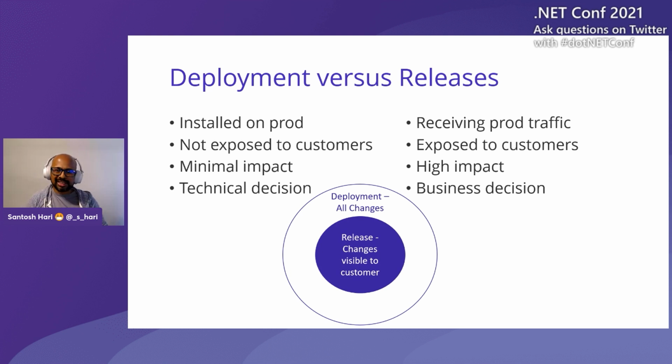As a result, it's high impact and high risk. So the decision to release new features could involve various stakeholders, and these stakeholders could be outside of your regular software team. So just to sum up, deployments should be the decision of the software team, and releases can include various stakeholders.